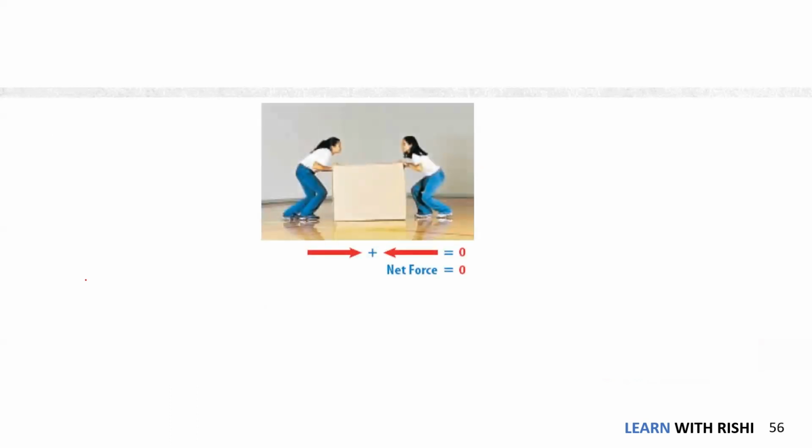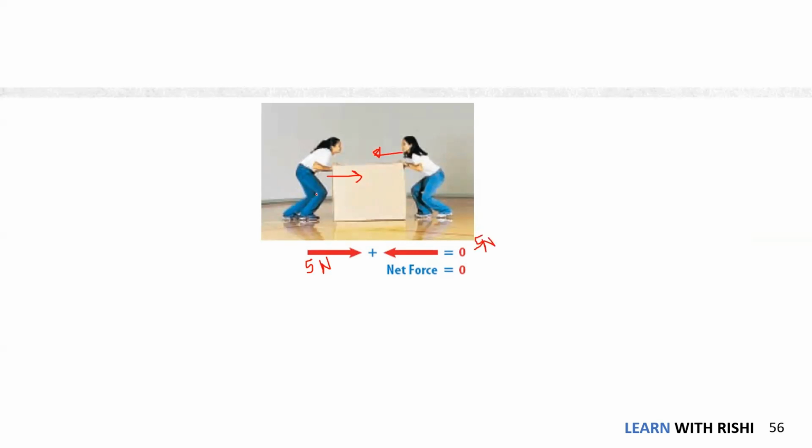Let us see one more example. Now here we have one box and this girl is applying a force from this side. Let us say this is 5 Newton force. Similarly, one more girl is applying a force from the opposite side and this is also 5 Newton.